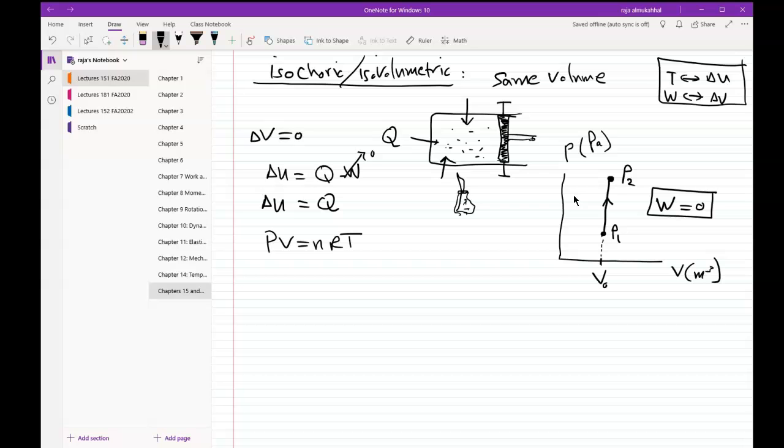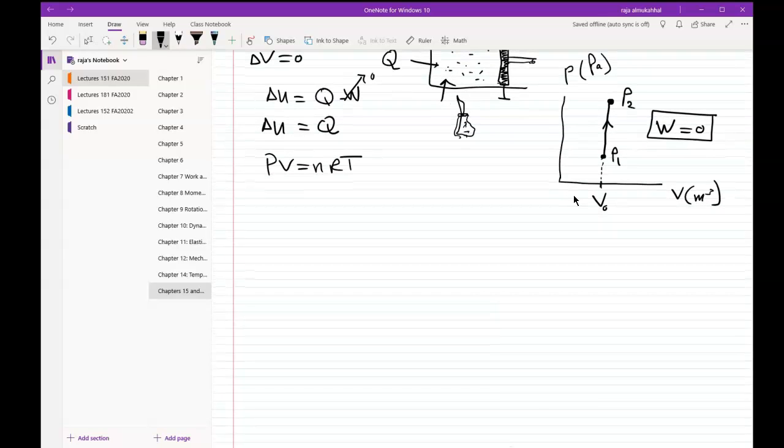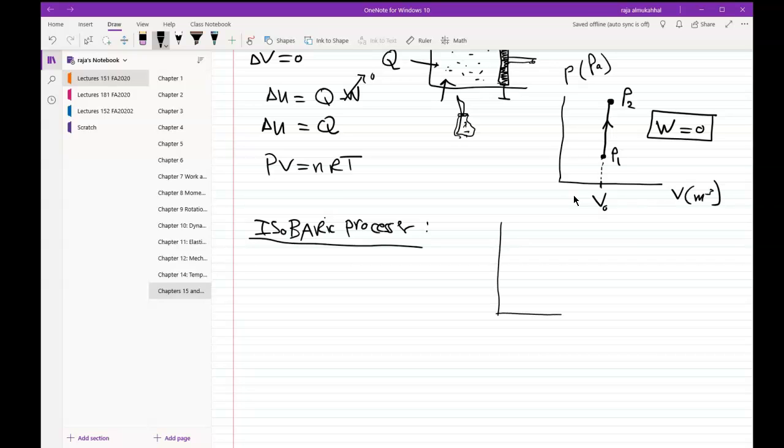And that is isobaric. Isobaric means same pressure. Okay, so the way it looks on the PV diagram, you can stop the video and try to guess how it looks. It's the same pressure.